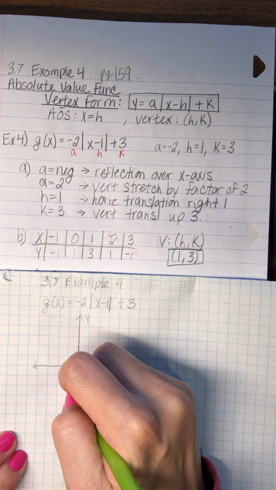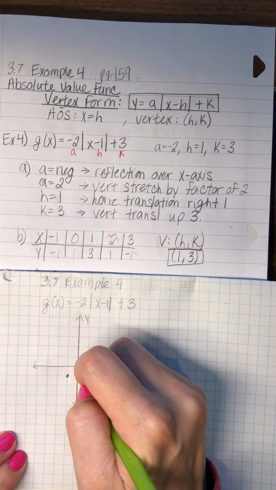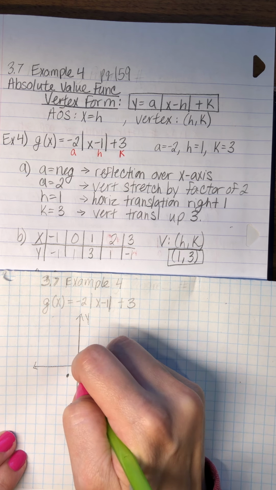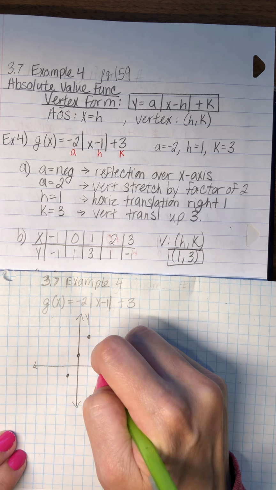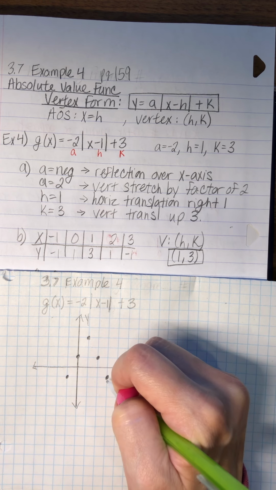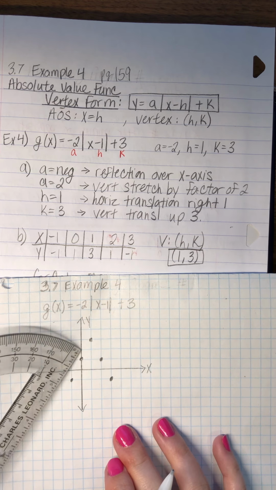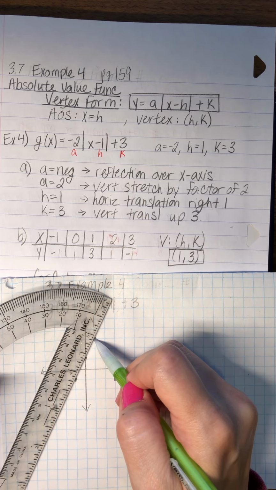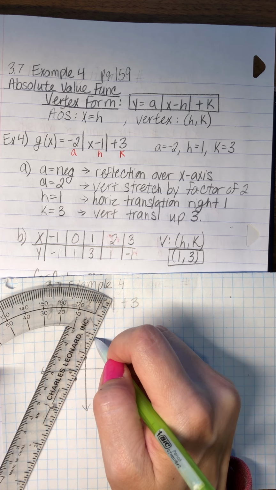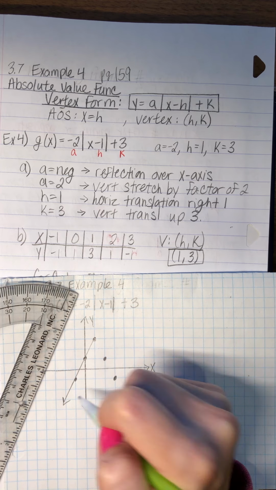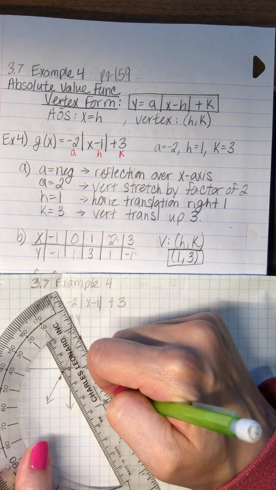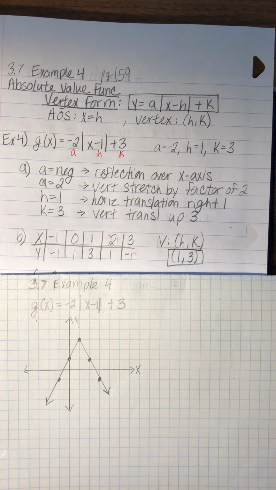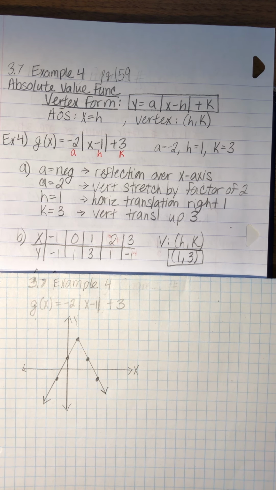We have -1, -1, 0, 1, 1, 3, 2, 1, and 3, -1. And now this graph is a nice straight V. So I am going to use my ruler here and draw a nice straight side from the vertex out to the left, put an arrow at the end, and from the vertex out to the right and put an arrow at the end. And look at that, that's our absolute value function.